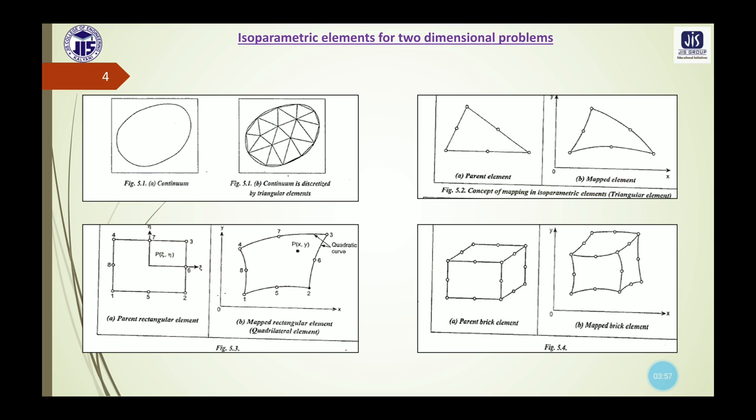So what is the concept of these isoparametric elements? For problems involving curved boundaries, a family of elements known as isoparametric elements can be used.